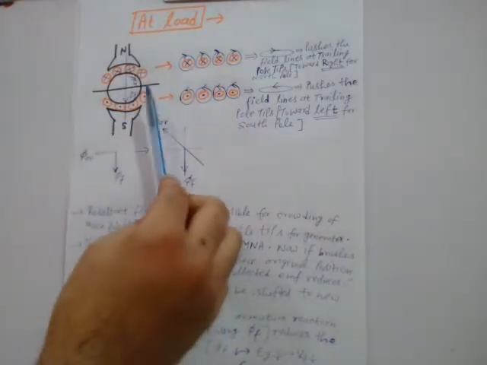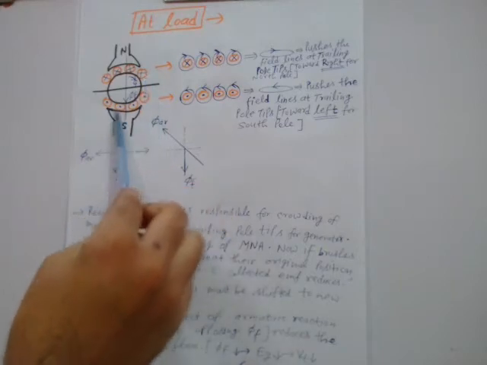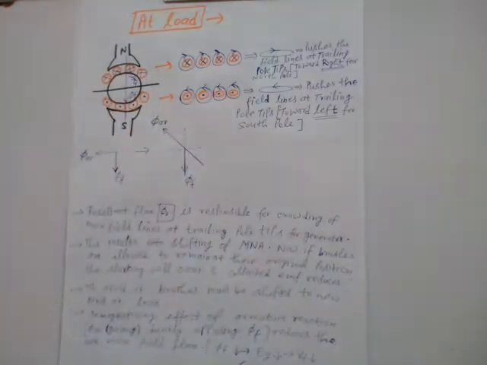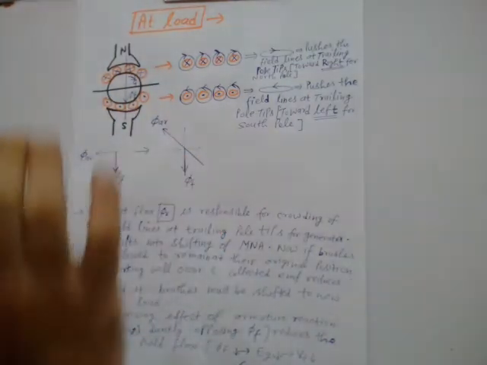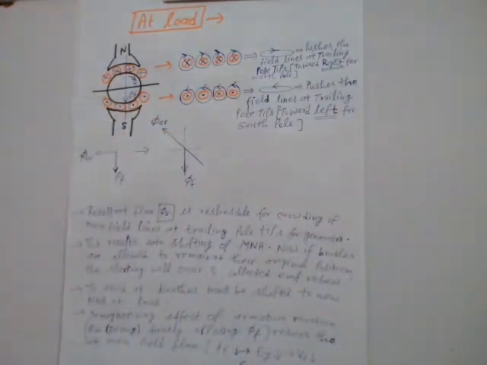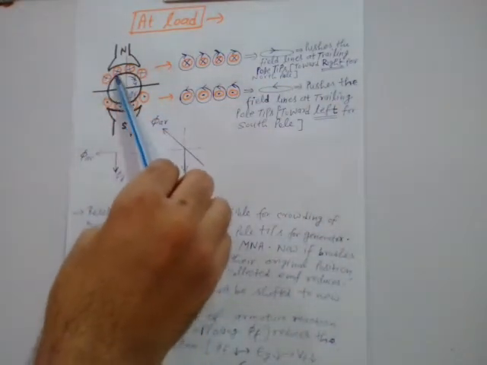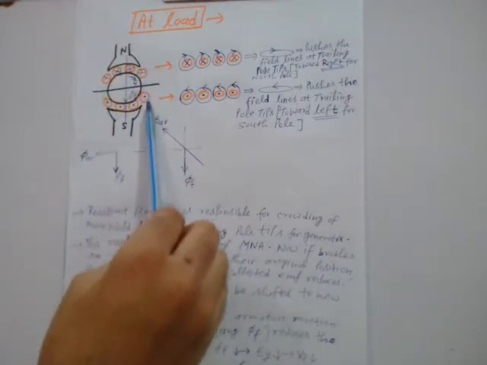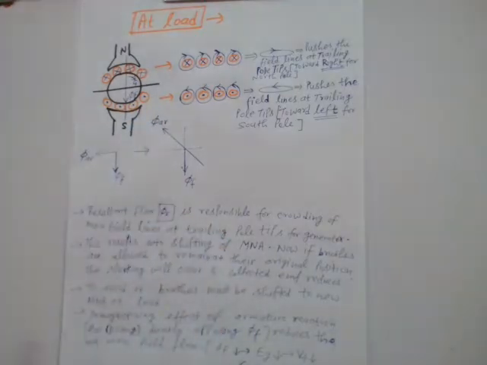So when the load is applied, the current will flow in armature conductor, and they will be having their own flux, that is armature flux. Now when you apply Fleming's right hand rule, you get cross in these rotor conductors, and you will get dot in these lower rotor conductors, right?